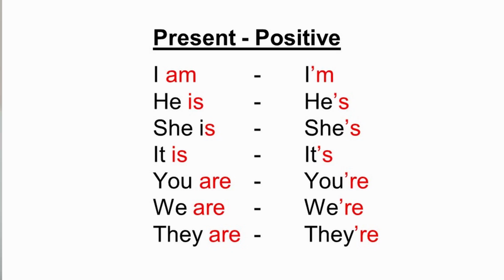Okay, so what we need to do is learn all of the forms of the verb that connect with each pronoun. So we'll start with I am. And we can contract that, which means to shorten. When we shorten, it becomes I'm. I want you to try I'm. Okay, good.